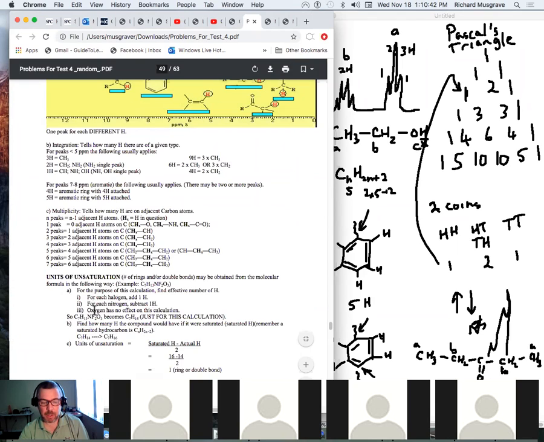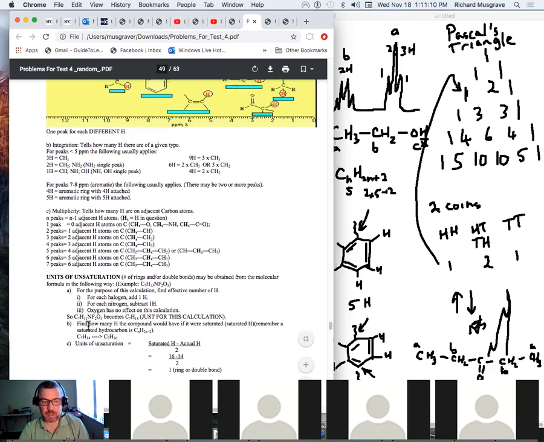It tells you how to apply different heteroatoms like halogen, nitrogen, or oxygen. And then down here it says you figure out how many hydrogens it would have if it was saturated, and it gives you the formula down here, CnH2n plus 2. Oh, okay, thank you. And then it gives you an example of how to apply that for something like what we have up here.